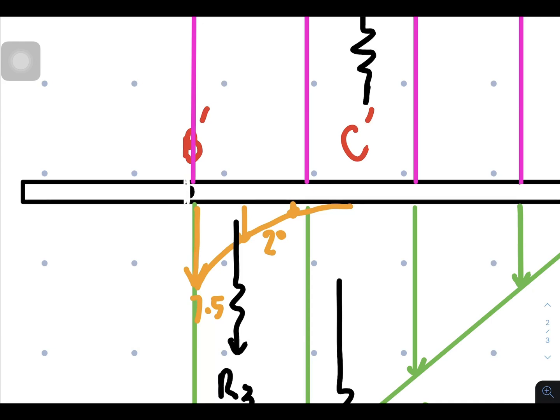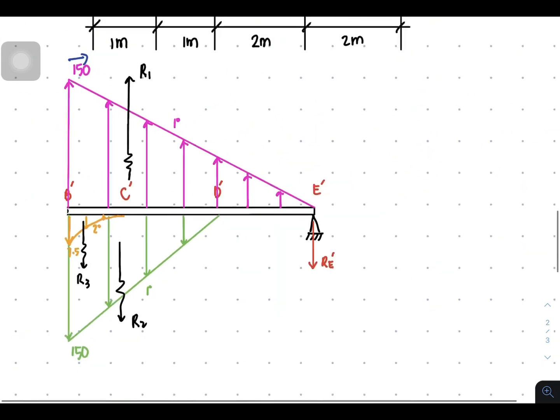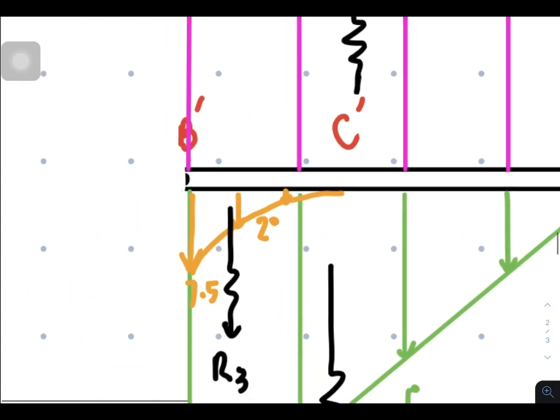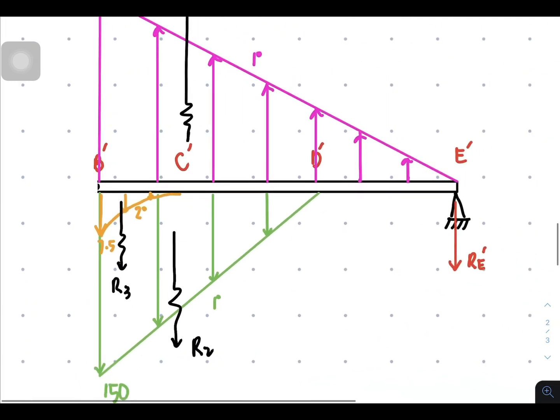So we're cutting that portion. Okay, so kay nag-cut man ta diha, na gawas nga reaction, internal reaction.